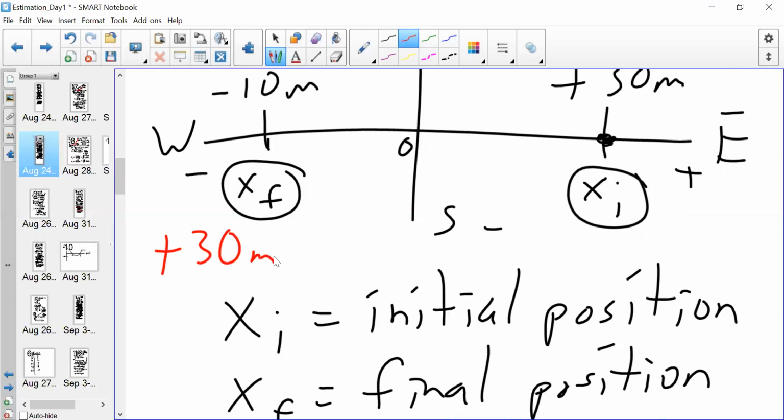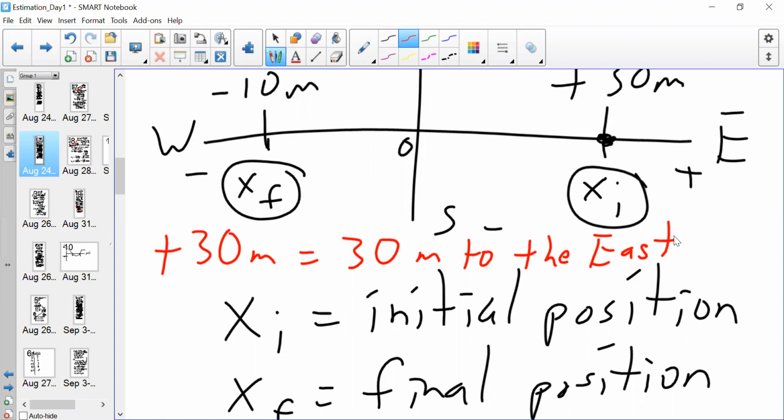meters is not an integer. That means my position is 30 meters east, or to the east. With respect to our definitions already, that will be 30 meters from our starting point. Let's say our starting point is the origin in this case.